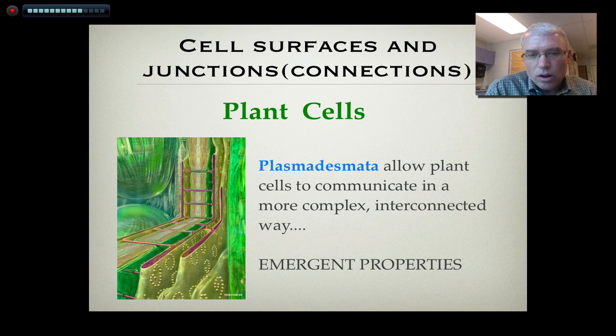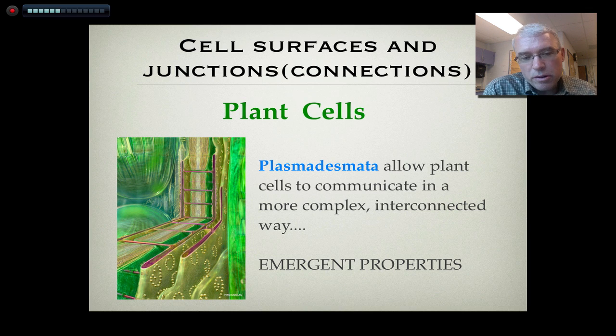Because plant cells are able to communicate with each other, when multicellular plants assemble cells in tissues, we get emergent properties. We get something that can happen that wasn't possible before, because we've achieved a level of complexity that didn't exist before.